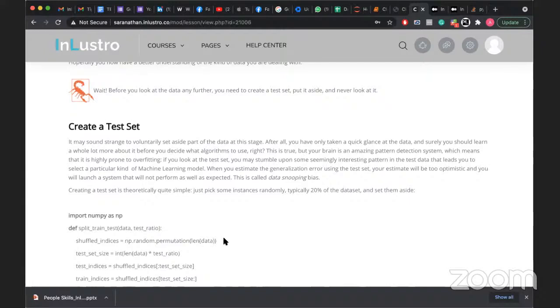Why can't you see the data, scrutinize it, and then set aside the test set?